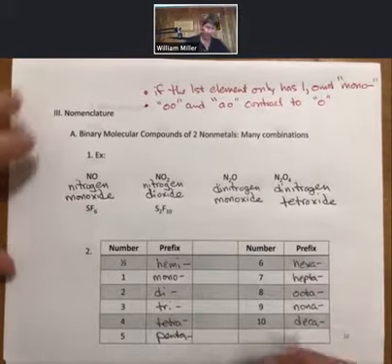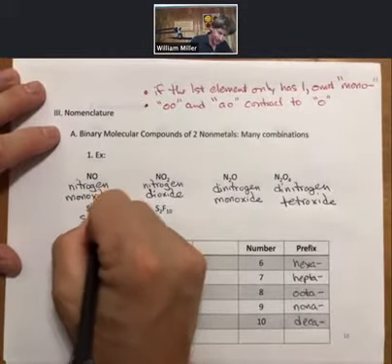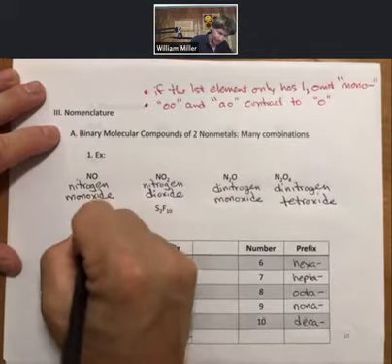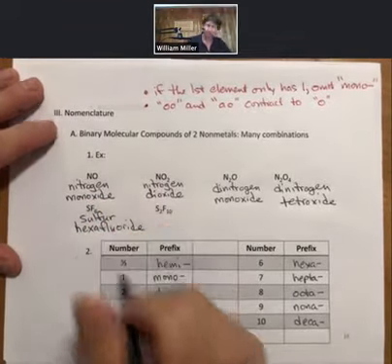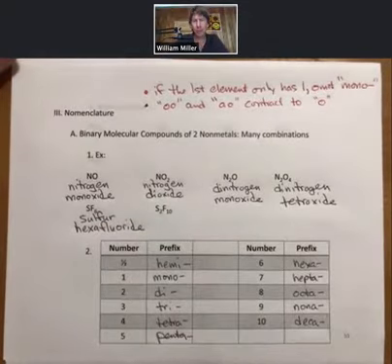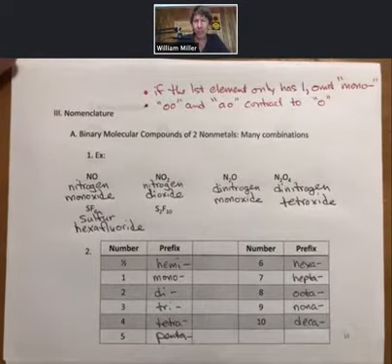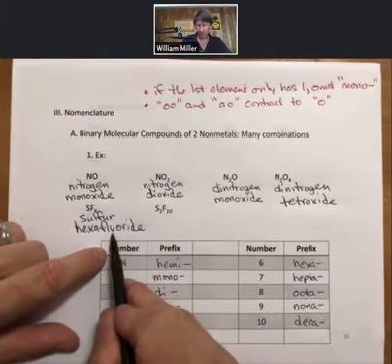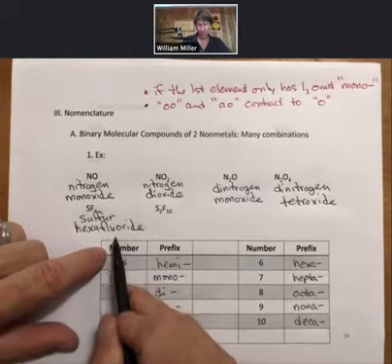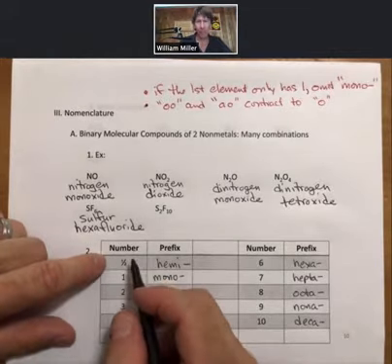Sulfur hexafluoride. One thing to be aware of, spelling does count when we do nomenclature on quizzes and exams and homework. So please be careful. Fluoride has a U-O. It is not flour.